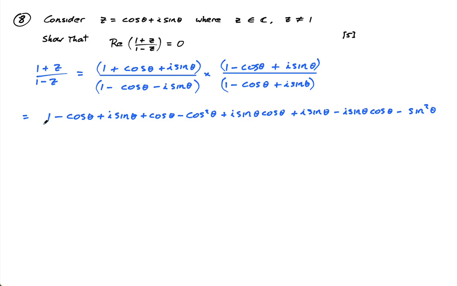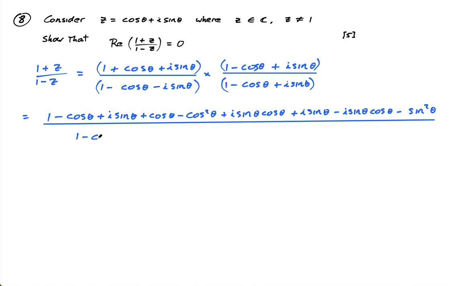So that's the numerator. The denominator, I'm not going to multiply it out as much, because if you remember, I'm multiplying across by the complex conjugate, so I'm just going to get this squared minus this squared. So I'll show you what I mean in a second.